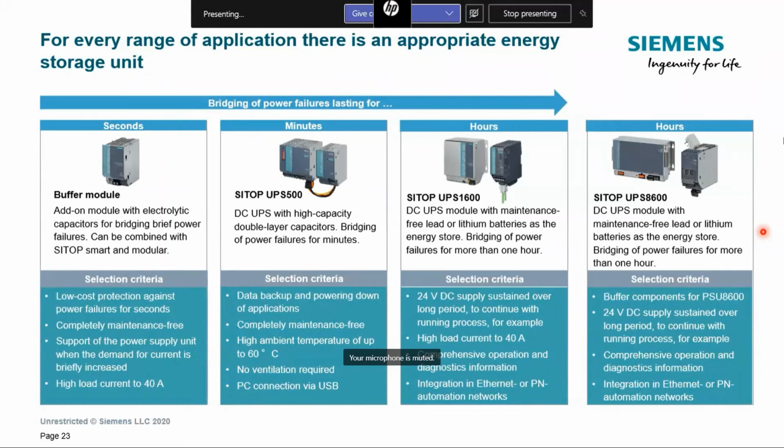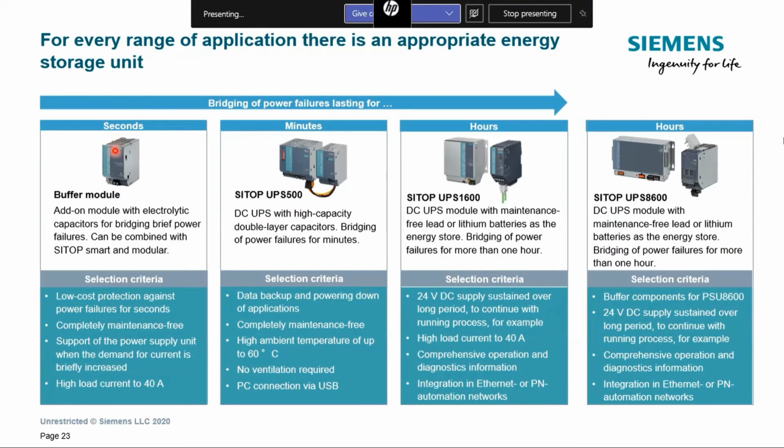So it's always important to have your automation system, and of course we always say automation systems because this is always what we are trying to keep alive. But it can be any 24-volt load that we are trying to keep running in times of failure of the voltage supply.